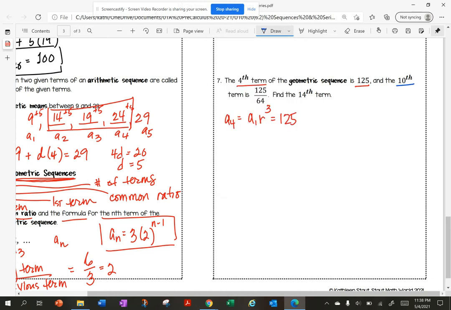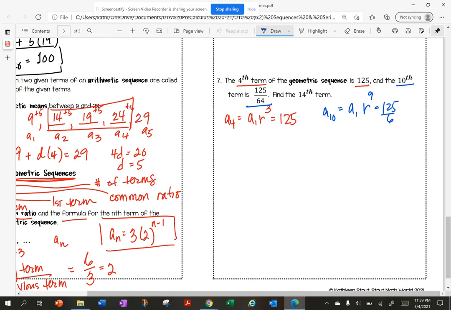So the 10th term is the first term times r raised to the 10 minus 1, so that's the 9th power. And I know this term is 125 divided by 64.